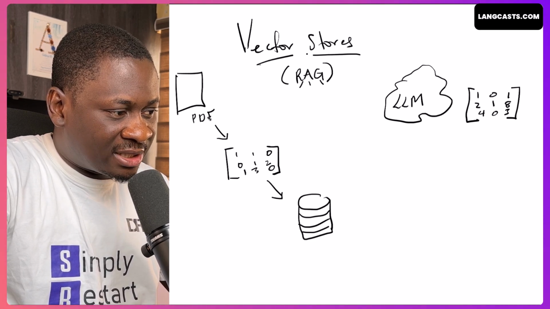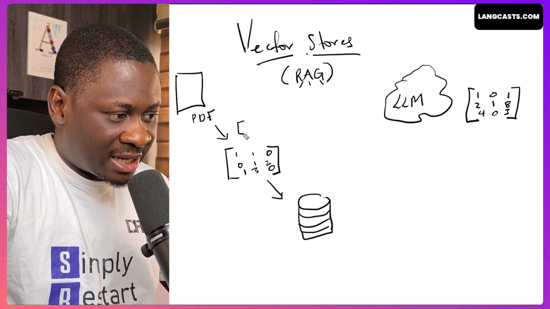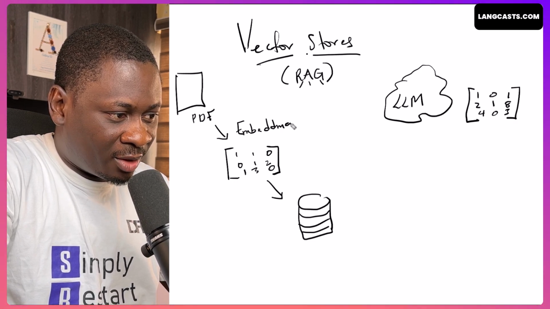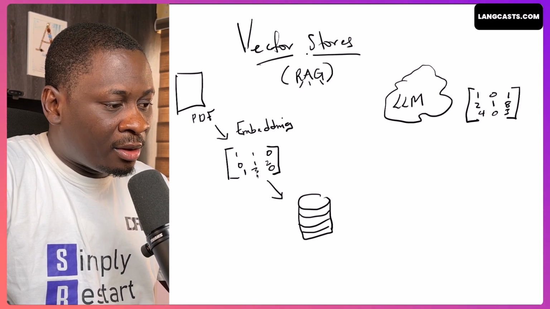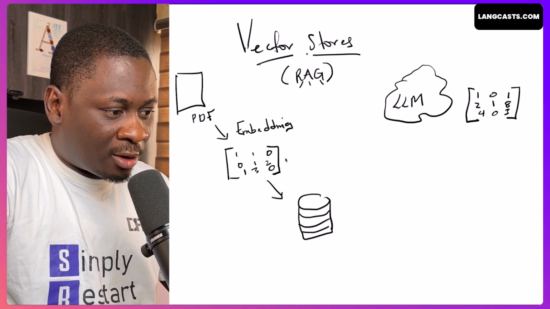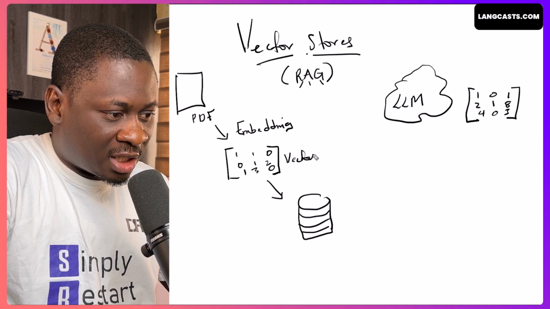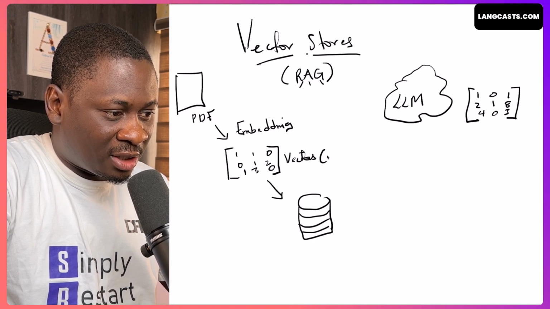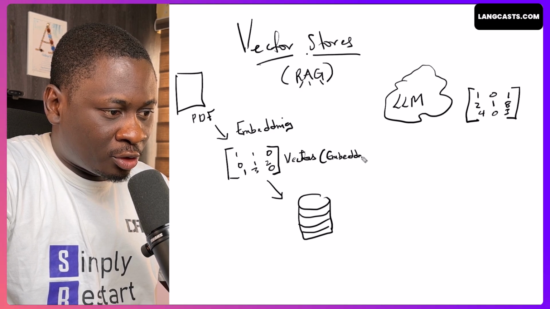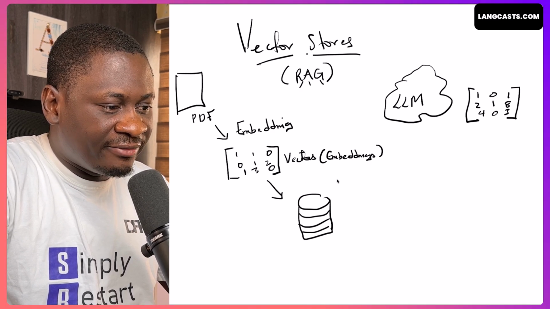Now, the process of converting the PDF into vectors is known as embedding. I'm sure you are very familiar with that word. What it is converted into are called vectors, and sometimes you can call them embeddings, meaning that you're embedding the data in vector form.